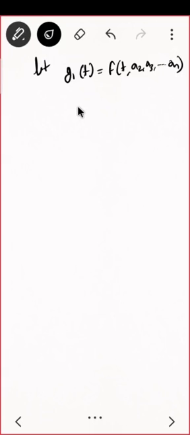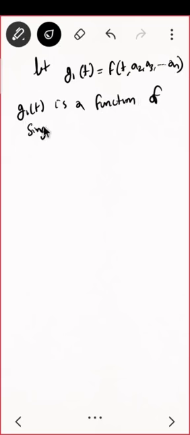Now since f has local maxima at the point e1, e2, up to en, can I say that g1 also has local maxima? First of all, what is this g1? G1 of t is a function of single variable. Do you see how I am relating this to one variable? Now we have a function of one variable. Now I need to see whether this function will also have local maxima.